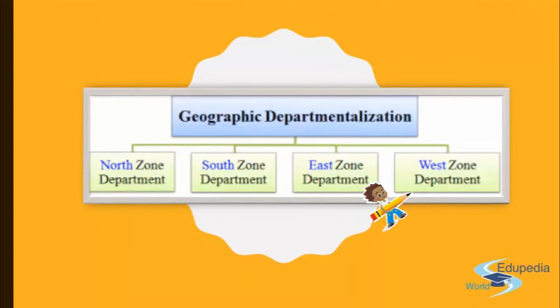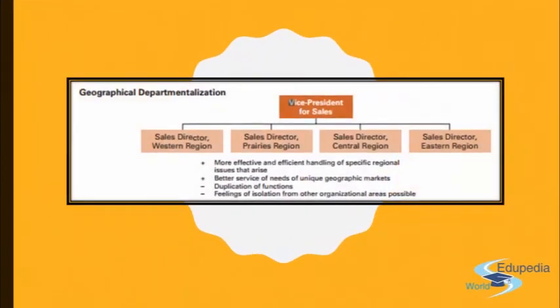This is often a good idea for large multinational firms with offices around the world. All activities related to the organization's activities in each region are handled by a department in that region. Now, one advantage of this method is that it ensures the development of expertise specific to the political, social, and cultural needs of the region.